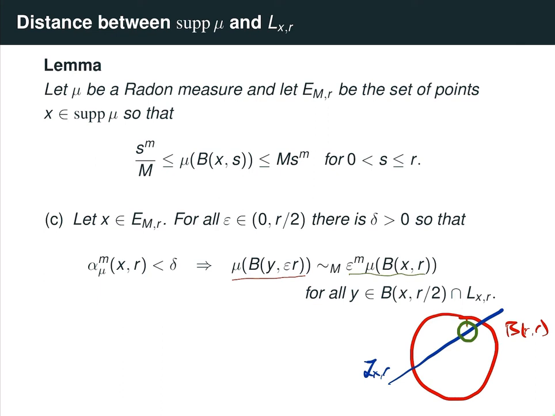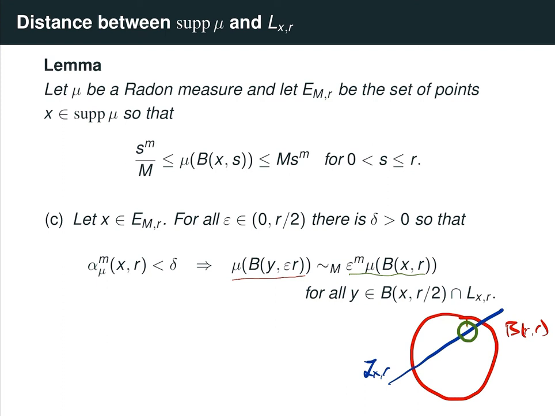If mu is approximately Hausdorff measure restricted to a plane, then the measure should scale approximately like Hausdorff measure does on a plane. So in particular, for Hausdorff measure, if you have a ball of radius r, then a ball of epsilon times the radius contained in it will have Hausdorff measure equal to epsilon to the m times the Hausdorff measure of the original ball.